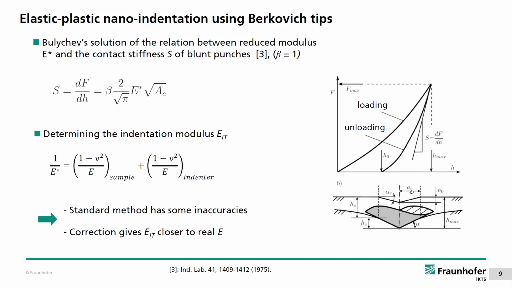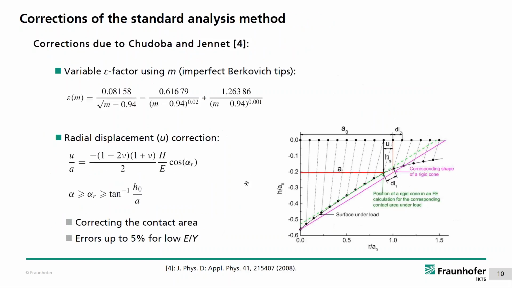So this contact radius is the same. But for very elastic materials like glasses, this is not true. And then you can correct the contact area due to the lateral displacement. This can cause errors up to 5% for glasses like fused silica. And you can also correct this pretty easily.